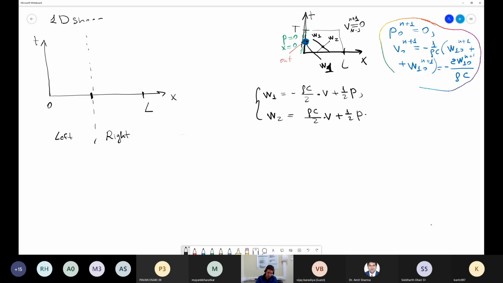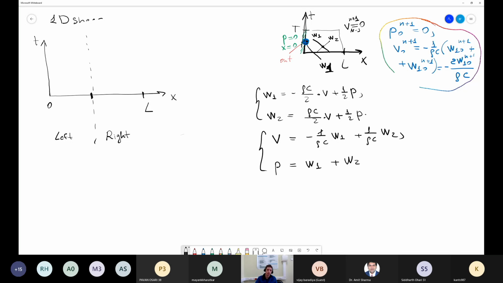Let's remember that we can also write the inverse transformation: velocity is equal to minus 1 divided by rho C multiplied by W1 plus 1 divided by rho C multiplied by W2, and the pressure is W1 plus W2.